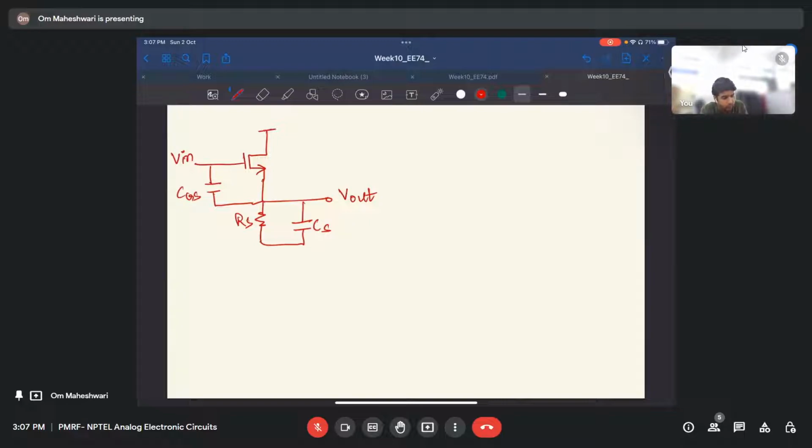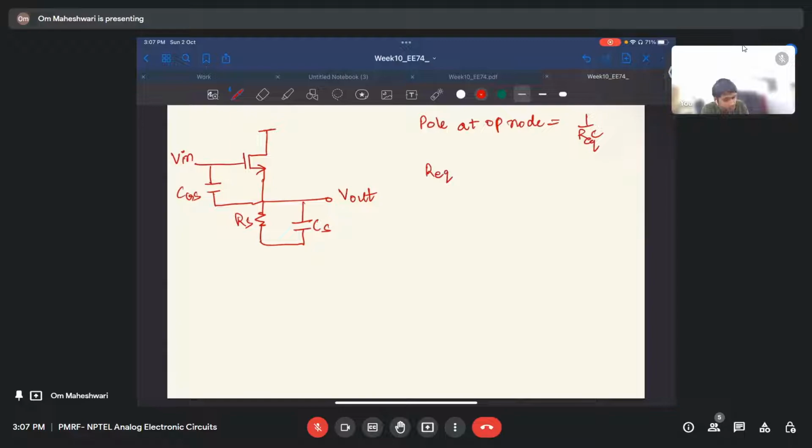Okay, so we have to find the pole at this node, right? So for that, we know that the pole at any node will be given by the pole at output node equals 1 by RC. Let me write it R equivalent. And what is R equivalent?